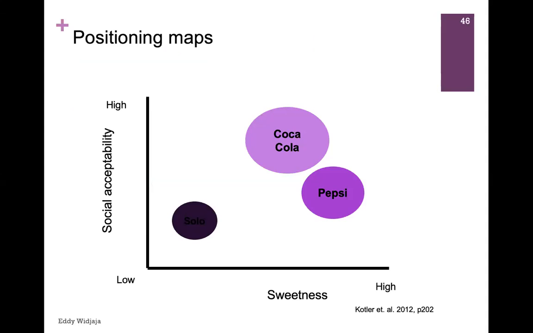So you can ask yourself, when it comes to certain industries, either soft drink or biscuits or heavy equipment, for instance, your customers may have a range of attributes that are related to their needs. Then you can map each brand in that industry according to their expertise. So that's how we create the positioning map.